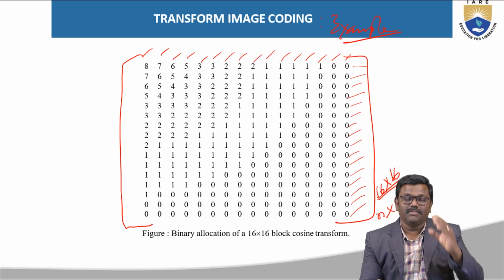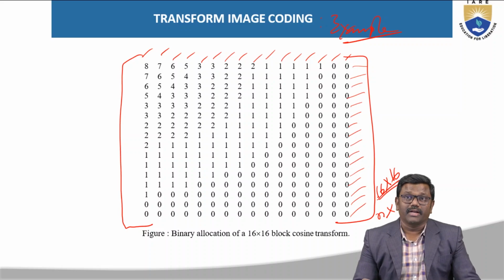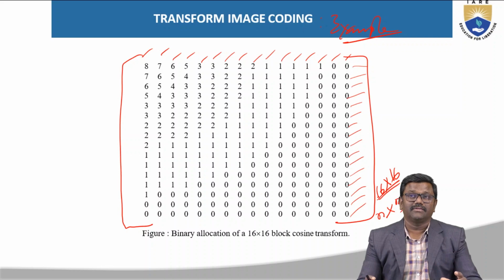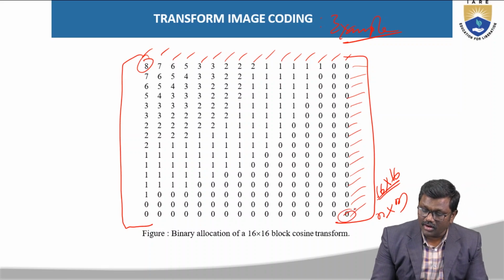This is a binary allocation of a block which we are concentrating on in terms of transformation. The image contains pixel values that vary from the first row, first column to the last row, last column.